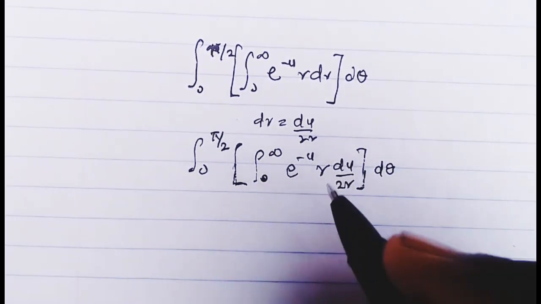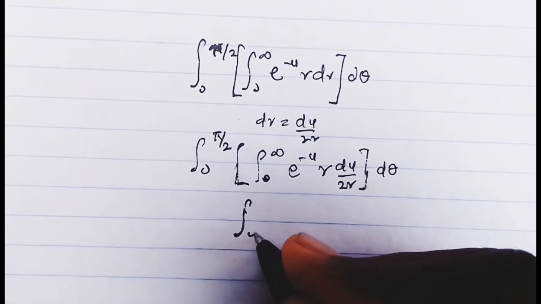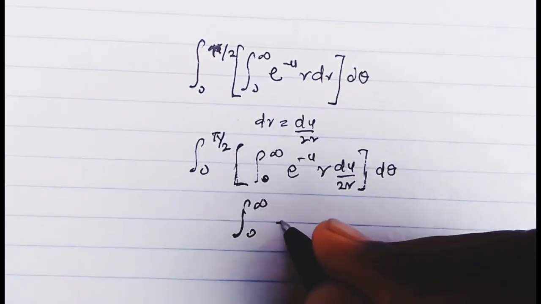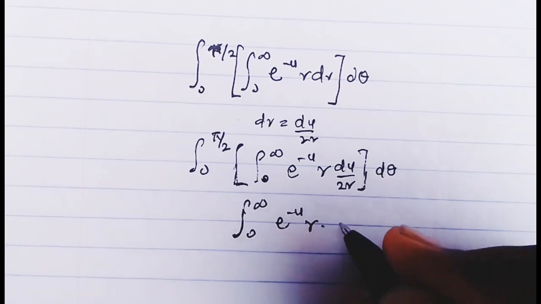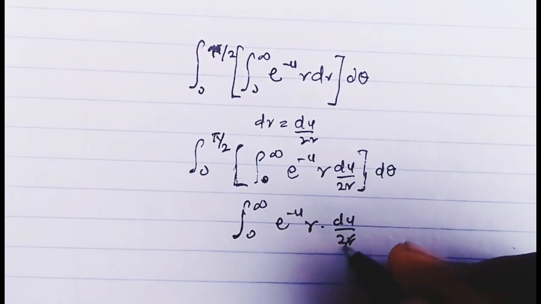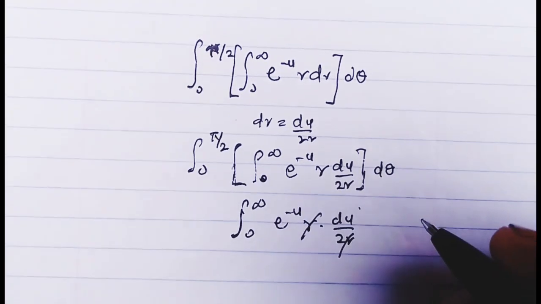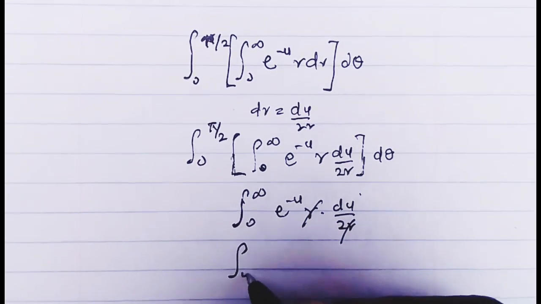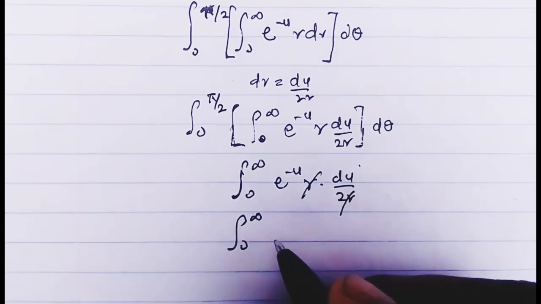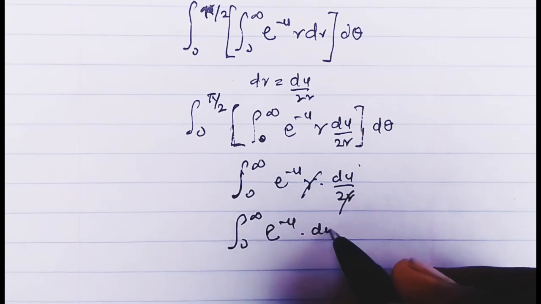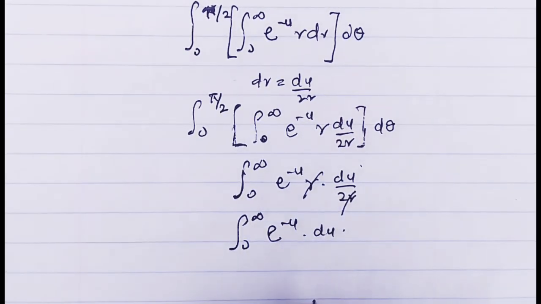Now let's just bring this one since we are working with it. The r cancels r, so we're left with the integral from 0 to infinity of exponential minus u du.